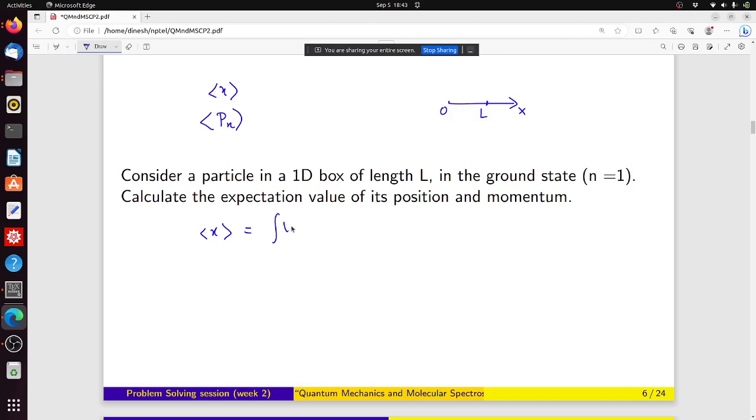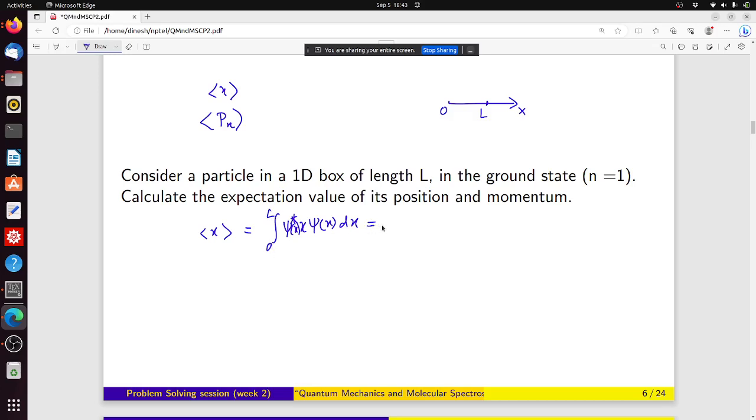Can you tell me what I have to write? This is psi star, then the operator x, then psi. Of course this psi is a function of x, dx, and the integration limit is 0 to L.